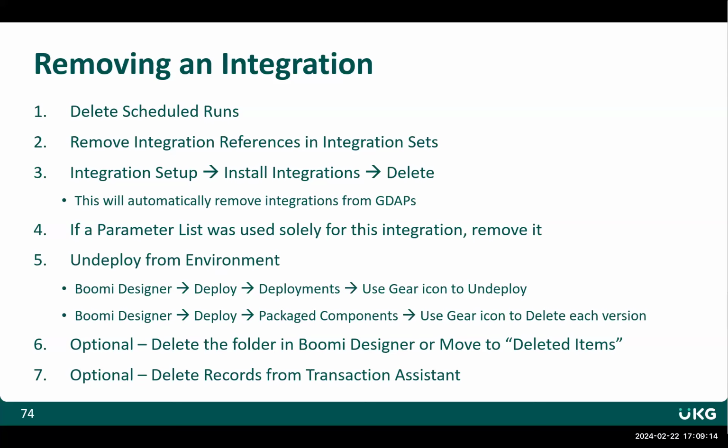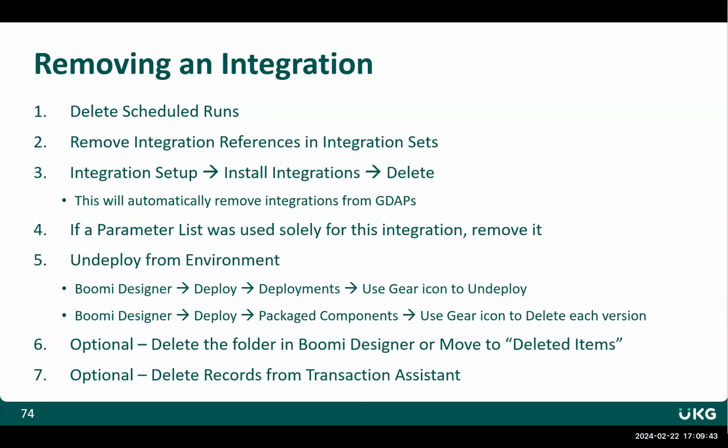Right? Also, if you had created a parameter list that was only being used by that integration, then it would be safe to remove the parameter list as well. And then it's out of the user interface for WFM, but it's still in Boomi. So on the Boomi side, if you want to undeploy that process from the tenant's environment, you can do that, right?